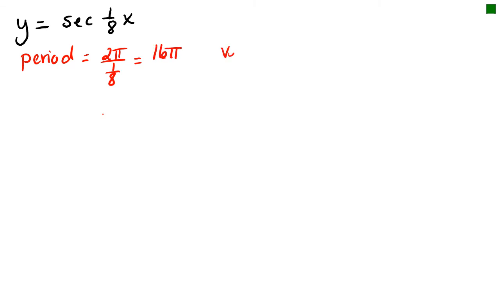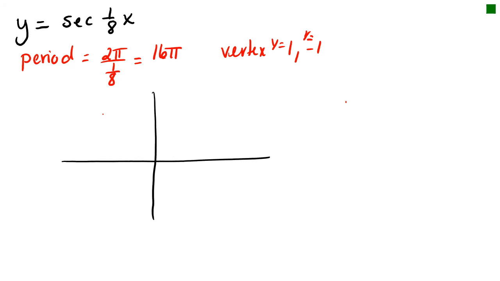Golly. And our vertex is at a, so it's going to be at 1, -1. So our y is 1, y equals -1. Let's draw a positive and a negative period. We're going to go out to 16 halvesies, and then half of that is 4, so this will be at 12.